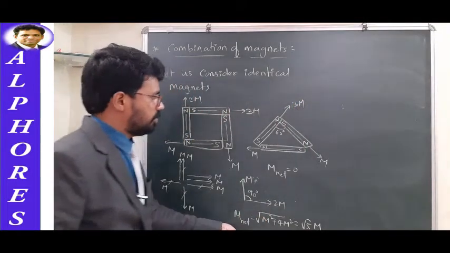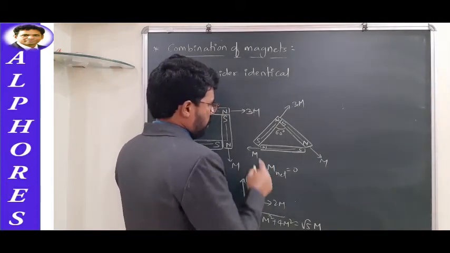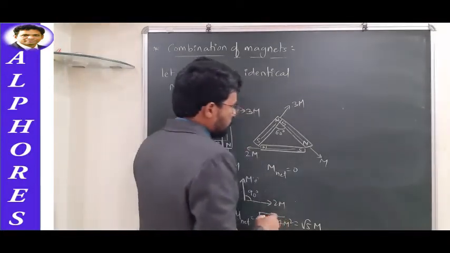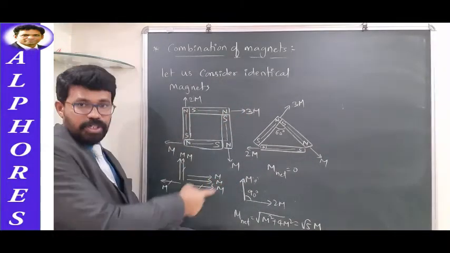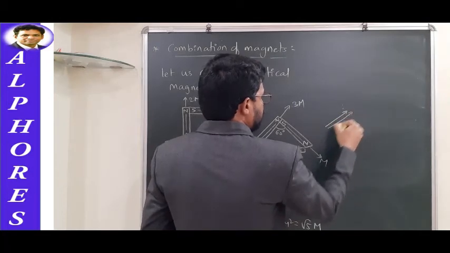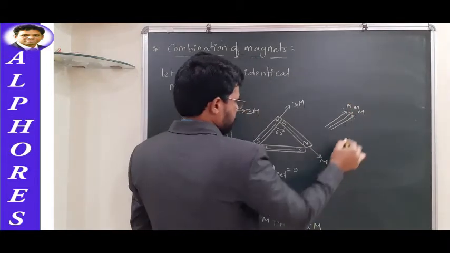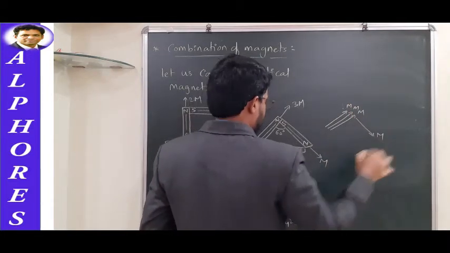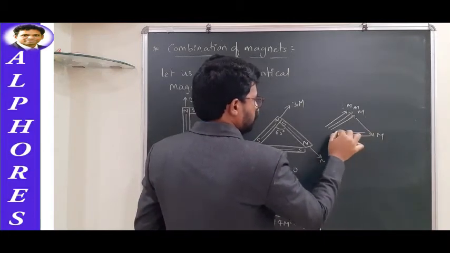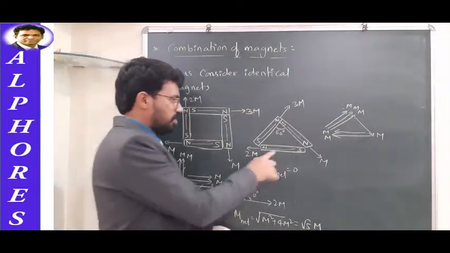Similarly, in this case also, for example, this is equal to 3m. This is equal to 3m. Then what happens? And I'll take here 2m. I'll take here 3m. Okay. So similar kind of picture I will draw there. 3m, 3 arrow marks, m, m, m, and here 1m, and here m, m, because 2m magnetic moment is there for this magnet.